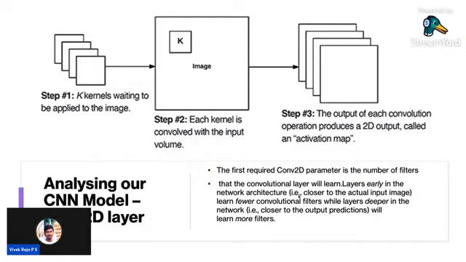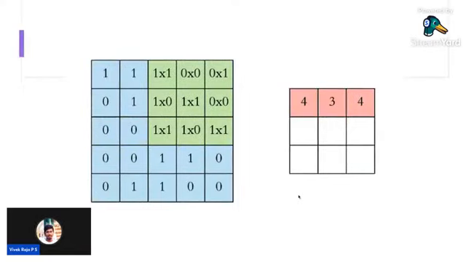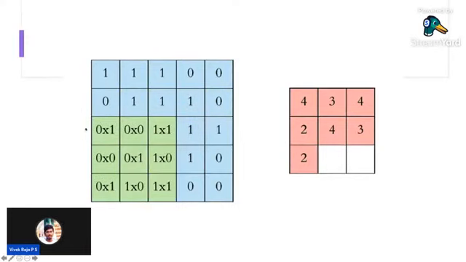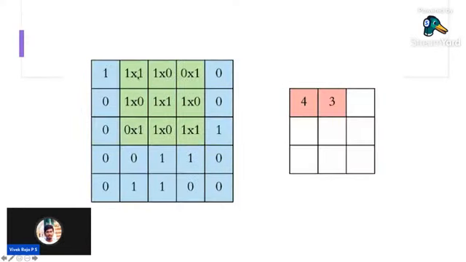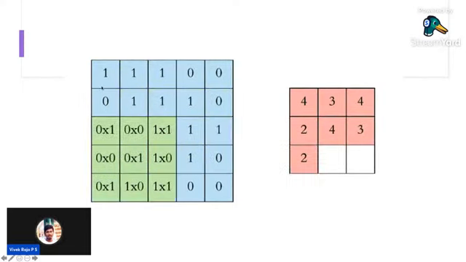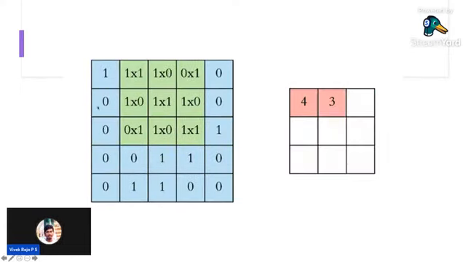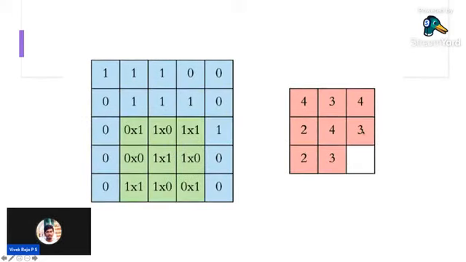These are the three steps involved. The kernel gets applied at each step of the image, and it gets multiplied. For example, in this particular case, it is multiplied with a particular value, and once that is done, we sum it and get the summation value. The first one is 4, 3, 4, 2, 4, 3, and it goes on.